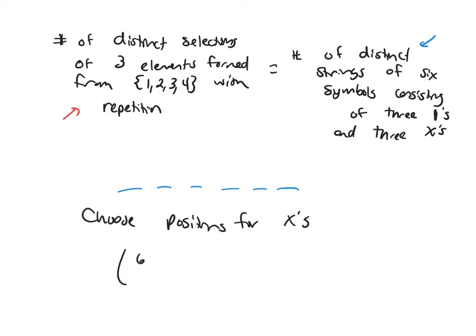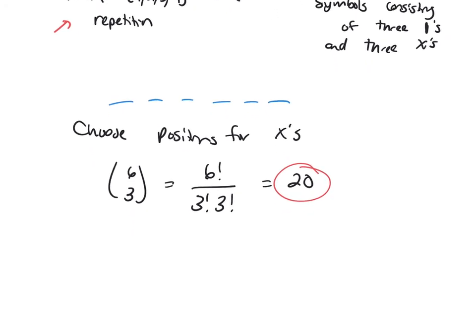There are 6 positions in total, and I need to choose 3 of them. So this is 6 factorial over 3 factorial times 3 factorial, or 20. And if you remember, that's the exact same count that we had when we listed out all of the 3 combinations with repetition.